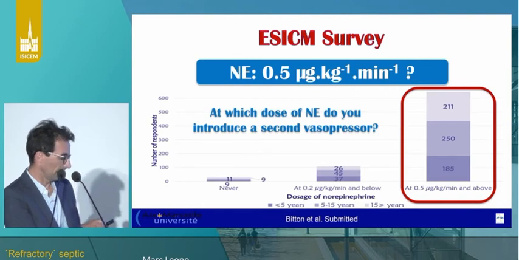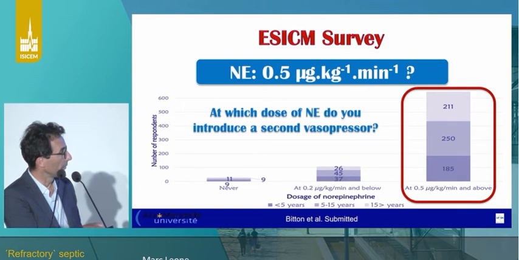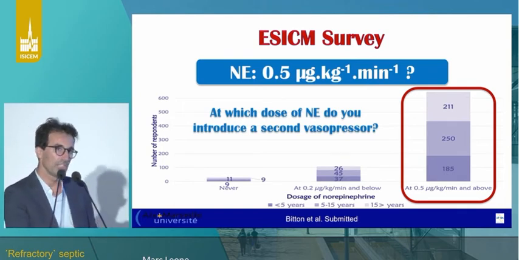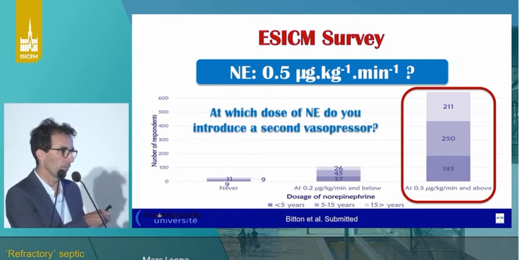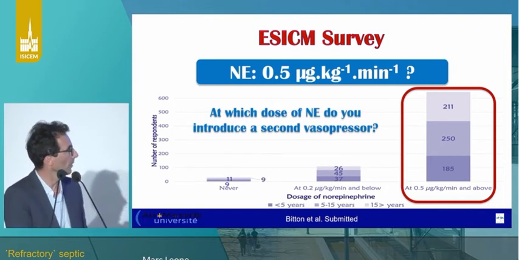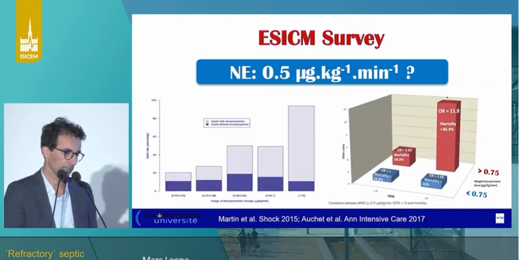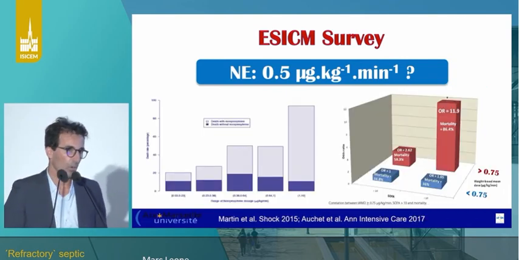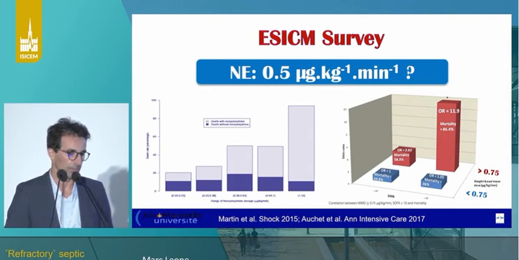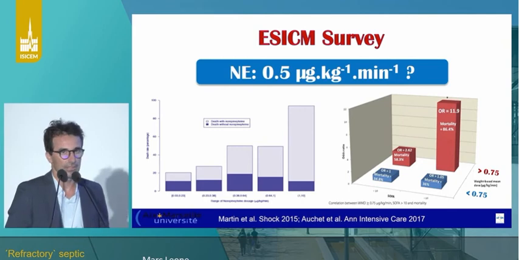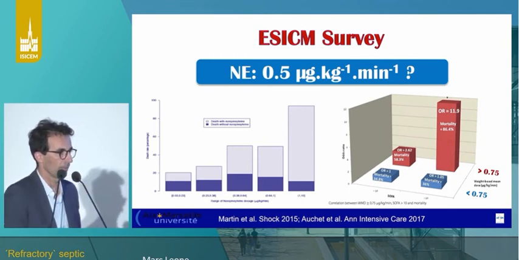You can see a very low number using a second agent at 0.2, which is the definition, for example, in the vasopressin paper. Is it the right dose, or is it fine to introduce a second vasopressor at this dosage? But that's consistent with what we and other groups published.